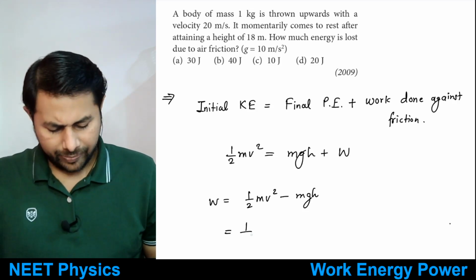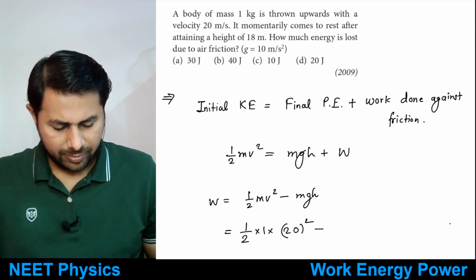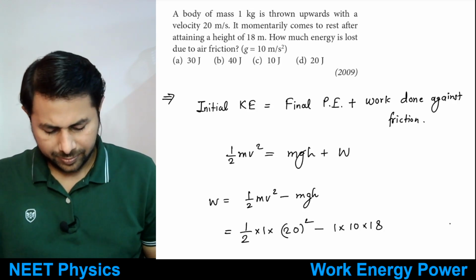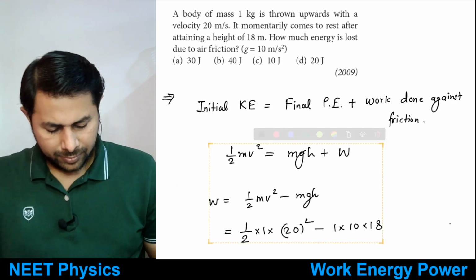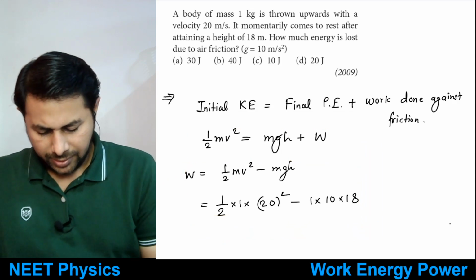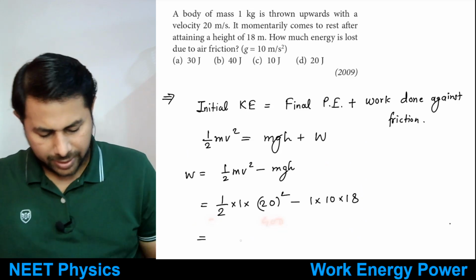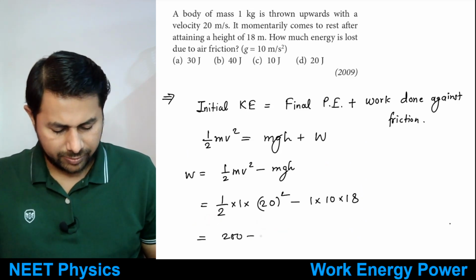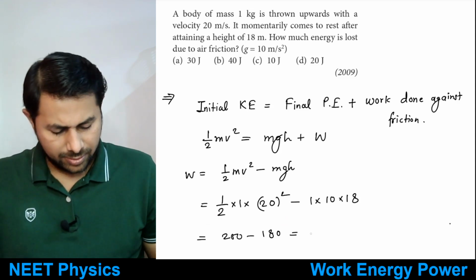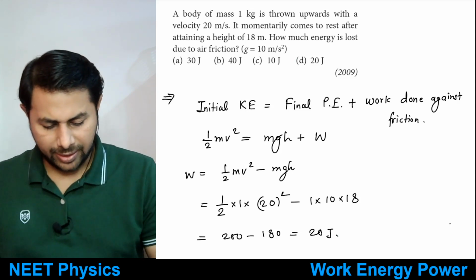Half of m, which is 1, times v, which is 20, squared, minus 1 times g, which is 10, times h, which is 18, right? This is equal to 400 divided by 2, which means 200, minus 10 times 18, which is 180. So 200 minus 180 is 20 joules.